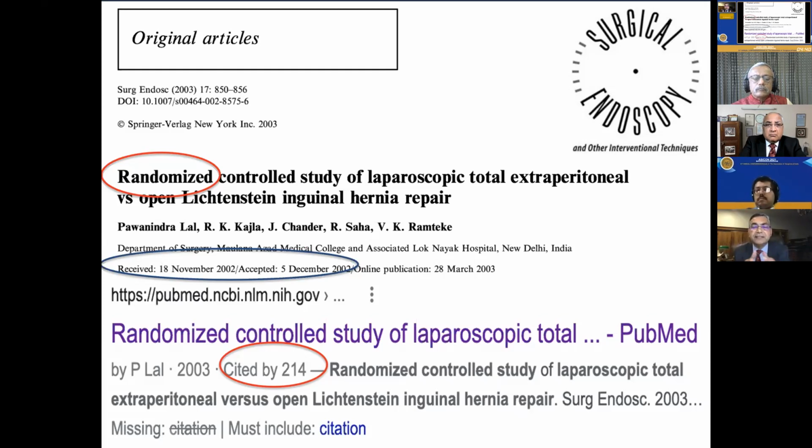And you can see the citation. It is being cited everywhere. It entered textbooks, including Sabiston and huge hernia books. We had no intention that it would do it. It was the PG thesis of Ramkrishan Kajla, who is now a professor of surgery at the Medical College in Bikaner. So you cannot know how your study can go up. You just keep your eyes open, be truthful and keep doing it rightly.